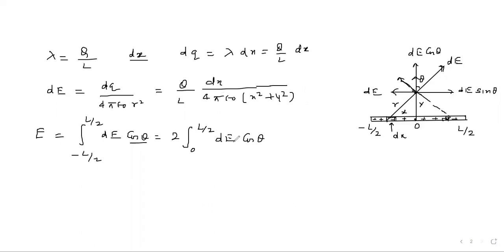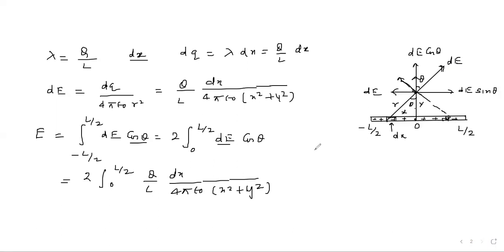So when we write dE, it will become twice of 0 to L by 2, and dE will be equal to q upon L dx divided by 4 pi epsilon naught x square plus y square times cos theta. If this is theta, then cos theta is y divided by r, that is y divided by x square plus y square power half.